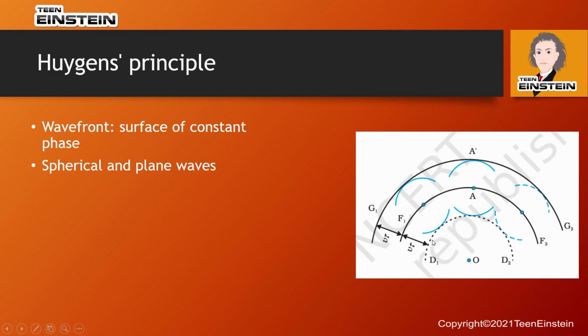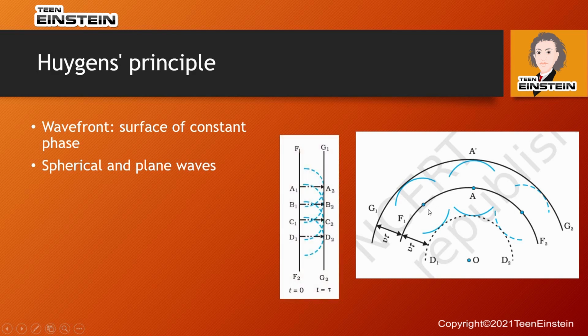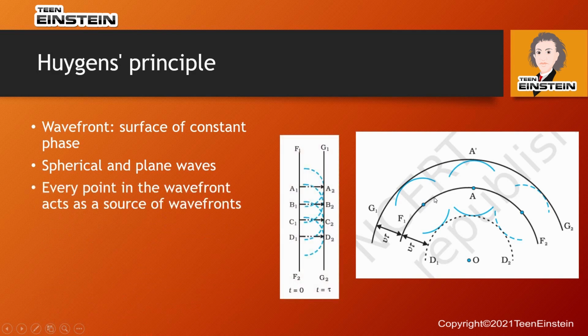When there is a wavefront, let's assume this is a wavefront. Huygens principle says that each of these points in the wavefront acts as a source of light on its own. For example, if there is a wavefront point here, this itself produces this kind of waves around it. Let's see an example here from F1, F2 to G1, G2. These are two different planes at two different times, t equal to 0 and t equal to tau.